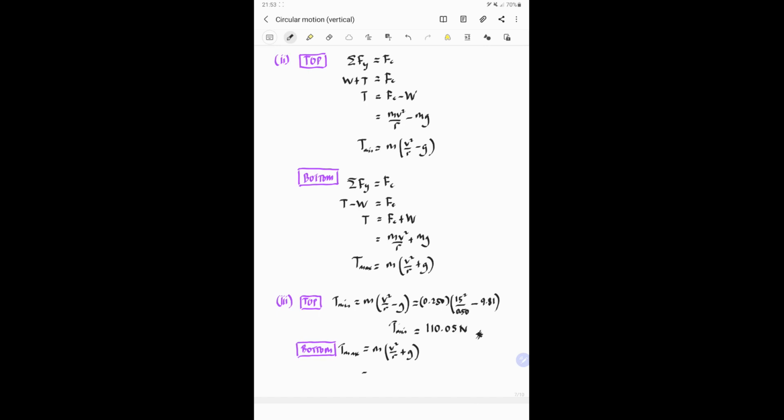The mass given is 0.250 kilogram, multiplied by the speed still the same, 15, over r still the same, 0.50 plus 9.81. Okay, and then you will get the answer, which is equals to 114.95 Newton.